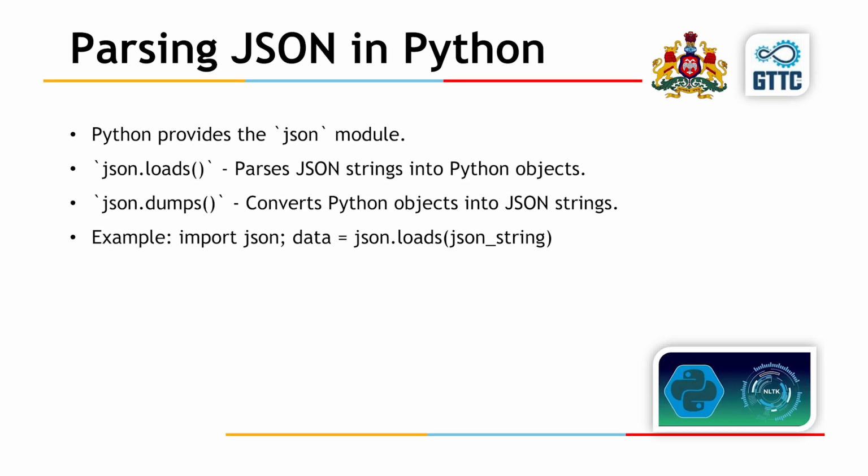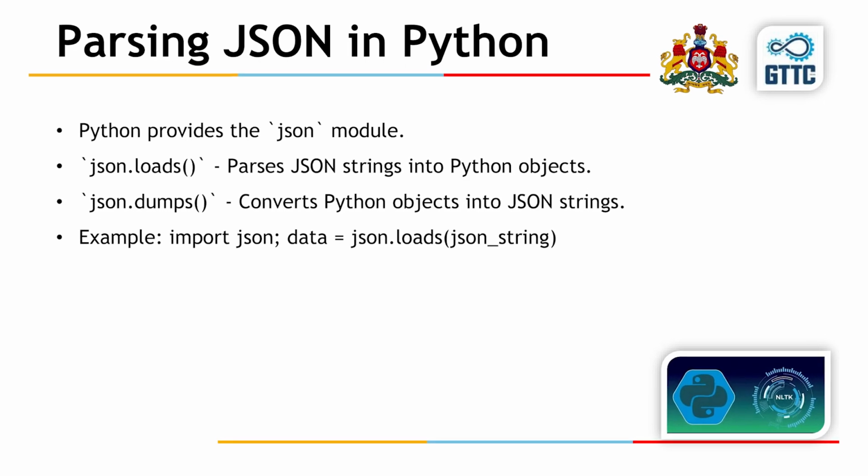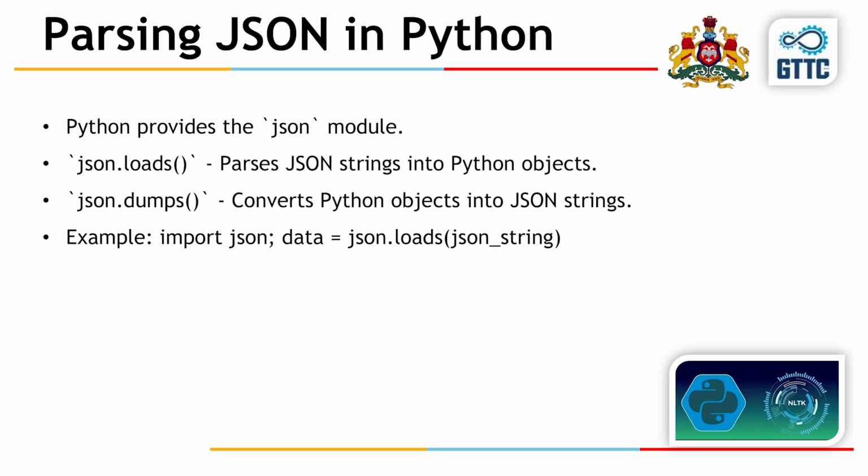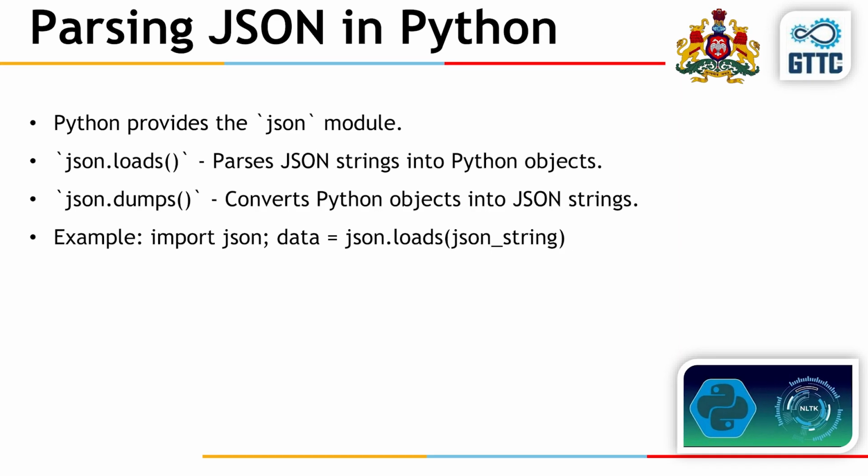And this json module is used to parse JSON data in Python. json.load will load the JSON strings into Python objects. json.dumps is another function that converts your Python objects to a JSON string. You can see this implementation very shortly.